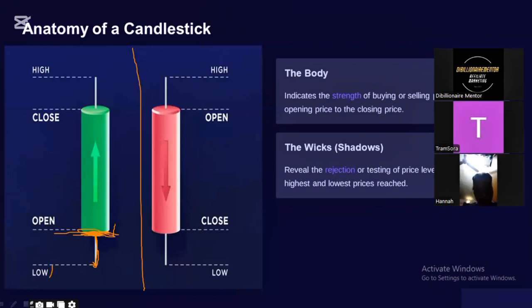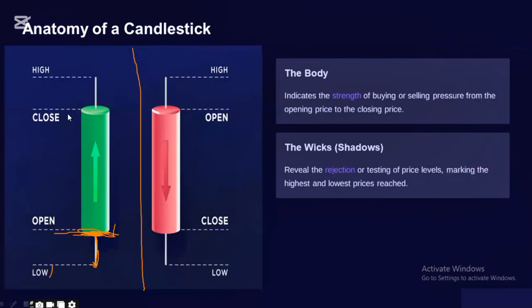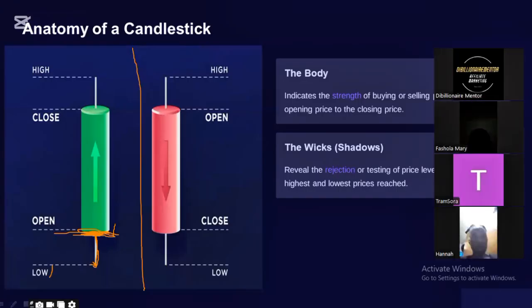All right. So at this point in time, who is that person now? Okay, Mary for sure. What is that? Fashola. Oh, Jesus. All right.